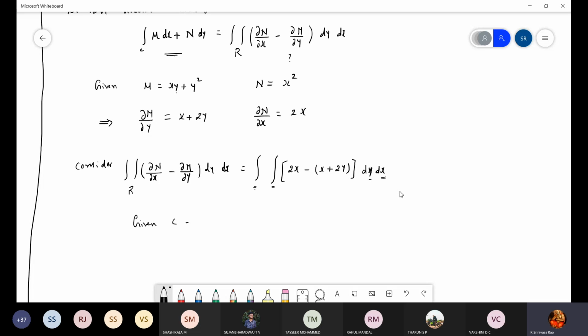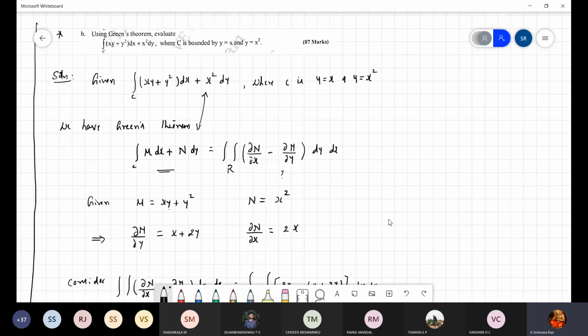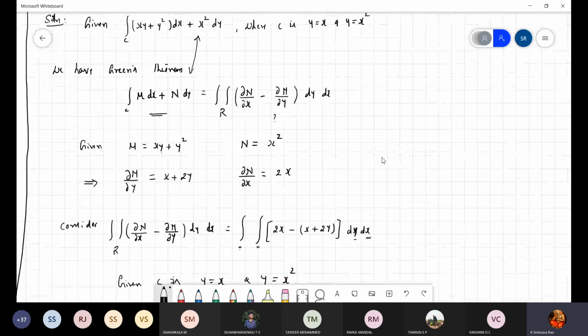Given c: y is equal to x and y is equal to x square. Draw both the curves in one coordinate system.